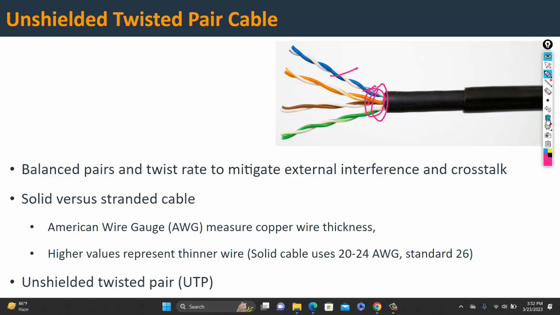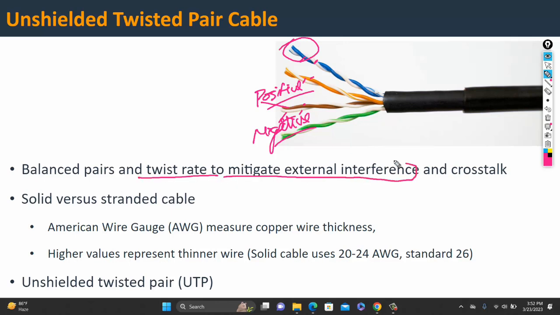So why are there two wires? One wire is positive and one wire is negative. This balanced, twisted pair mitigates the external interference or the crosstalk. So what is crosstalk?